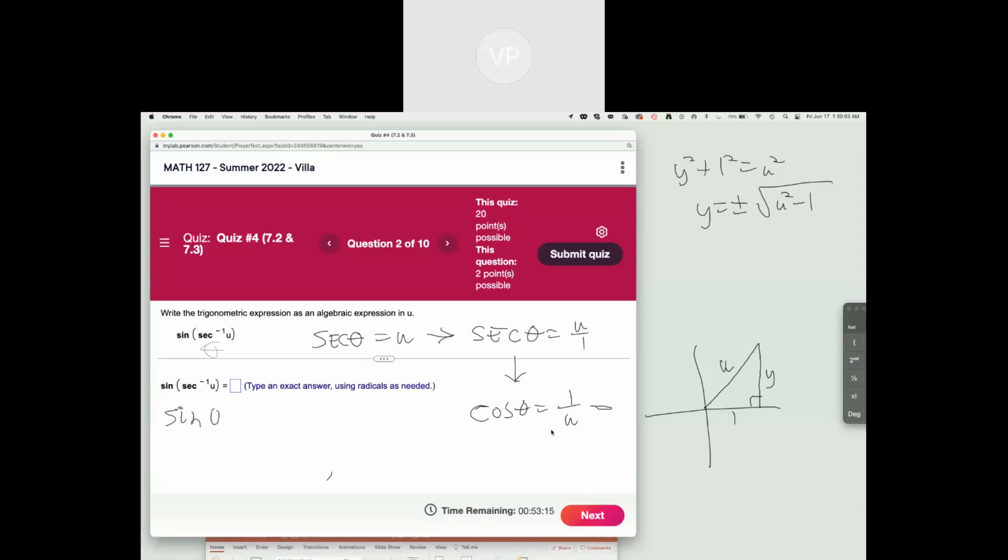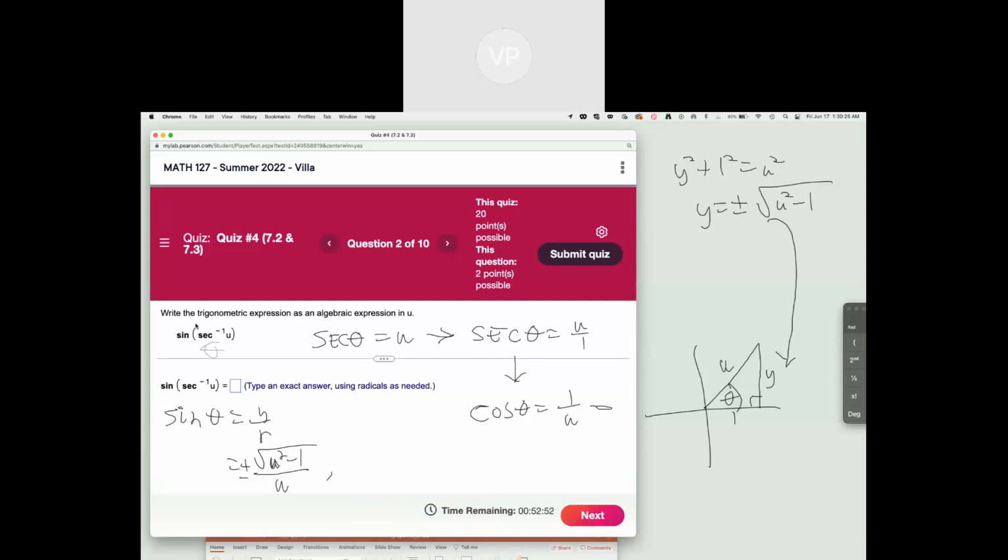Okay? And then our final part is they want to know what's the sine of the given theta. So looking at my triangle right here, since that's the y value, it's y over r, so it's going to be the square root of u squared minus 1 all over u.